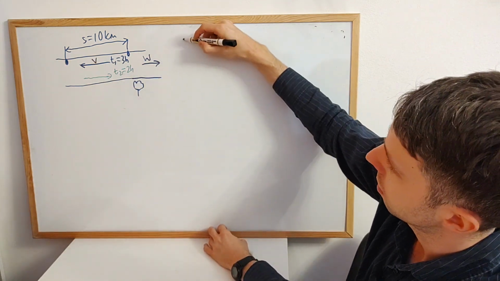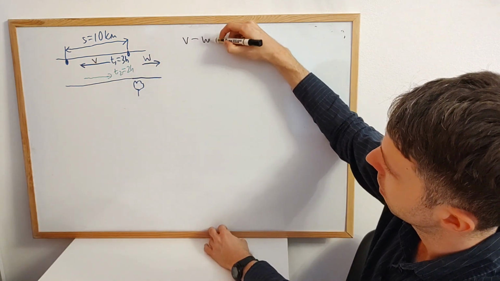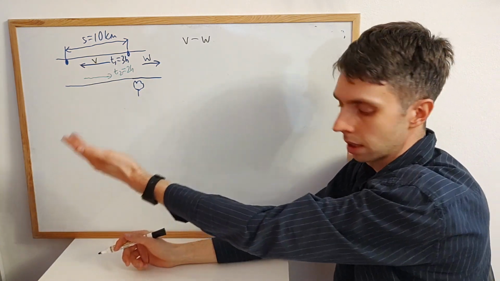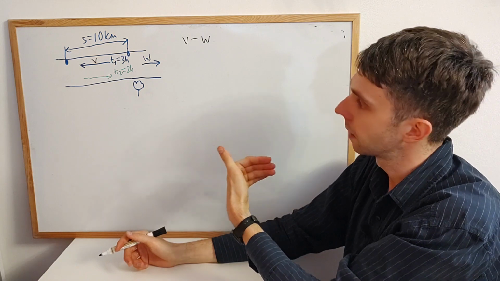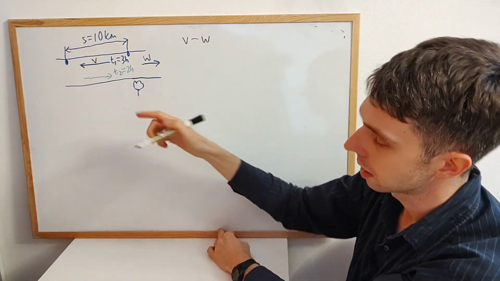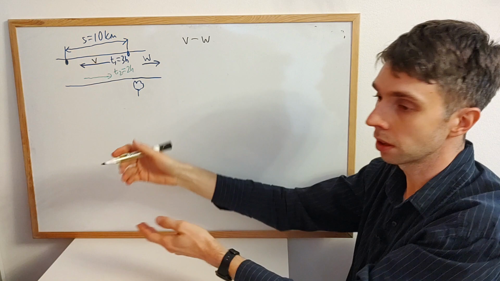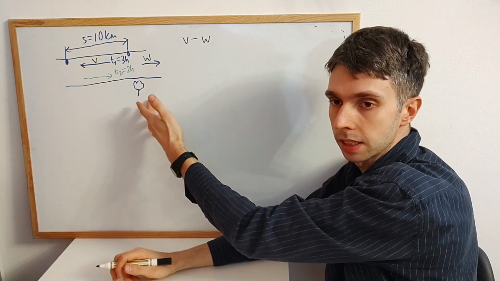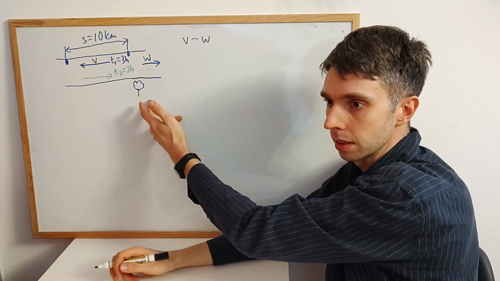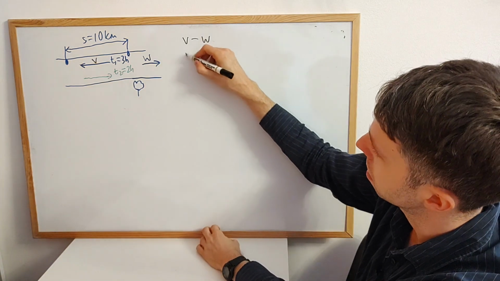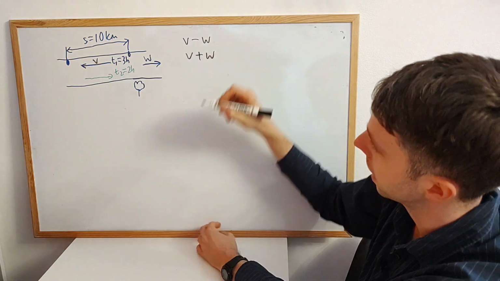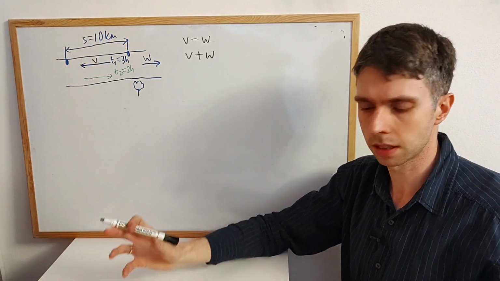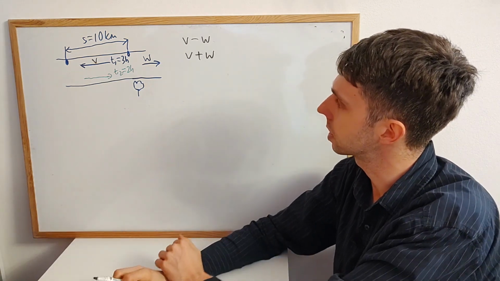So this speed would be v minus w, and when he goes with the current, then the current of the river helps him, so he moves faster relative to the edge of the river, so his speed is v plus w.